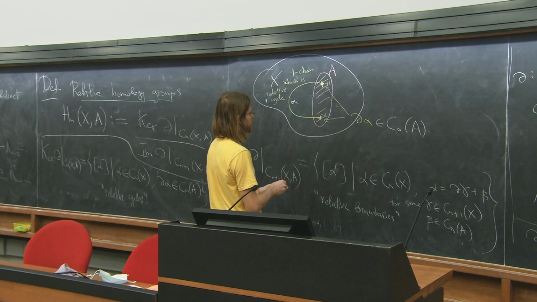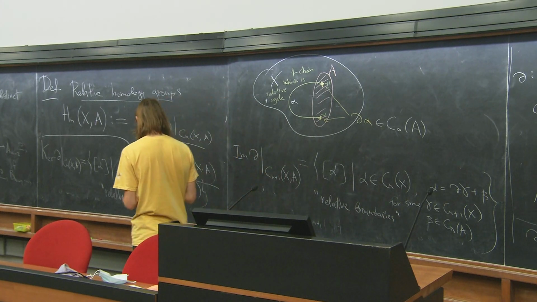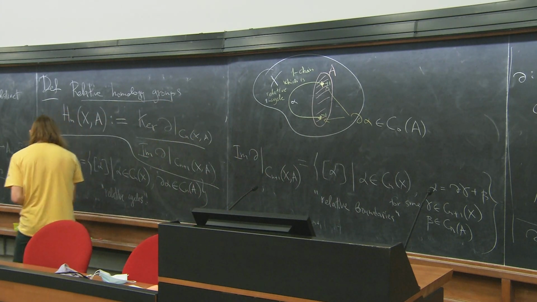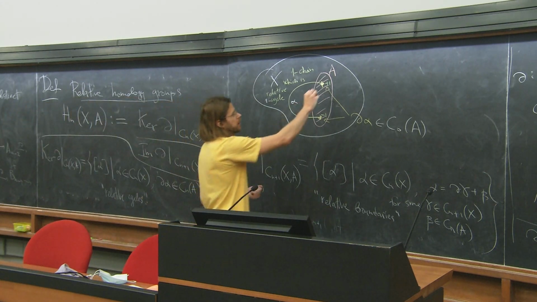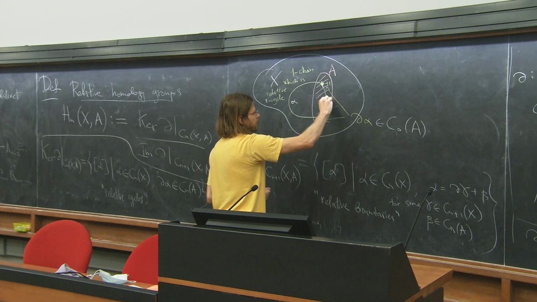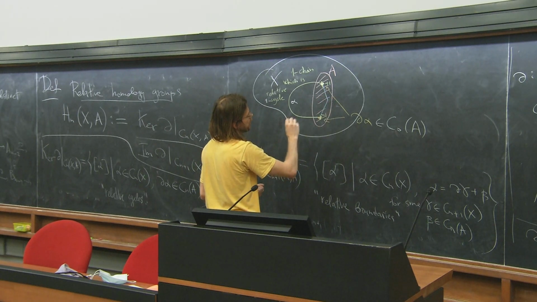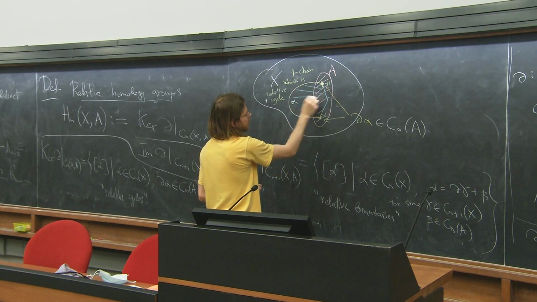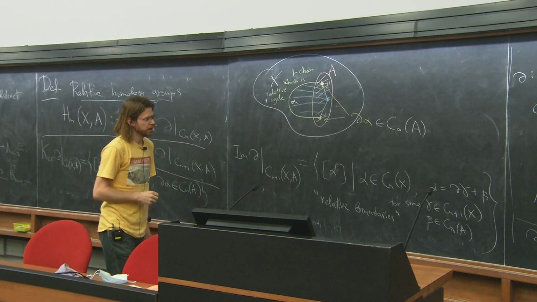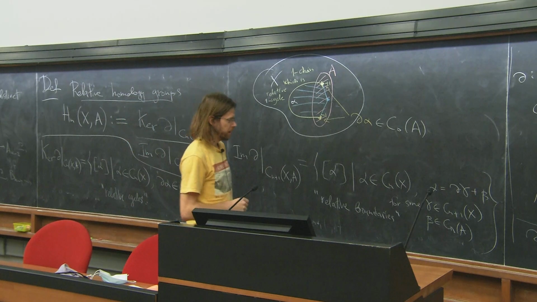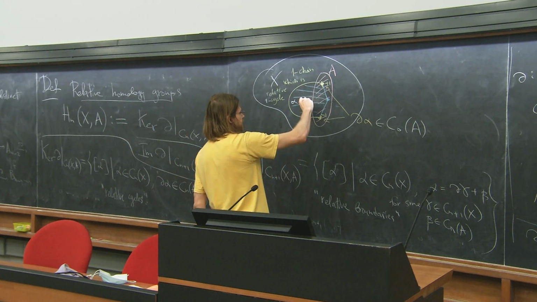So you can imagine a situation where, for example, there is a singular simplex gamma like this.